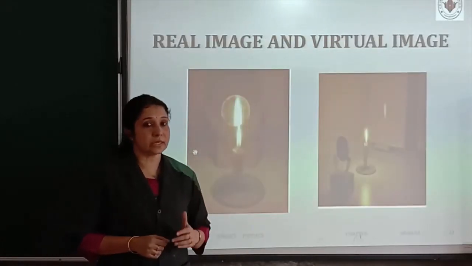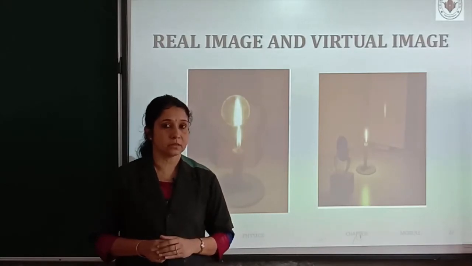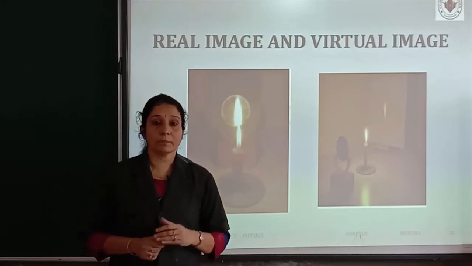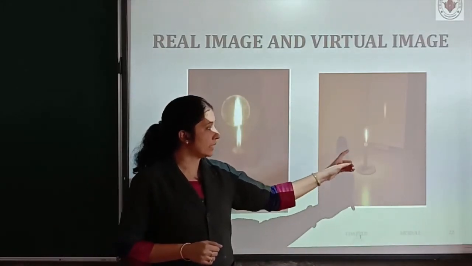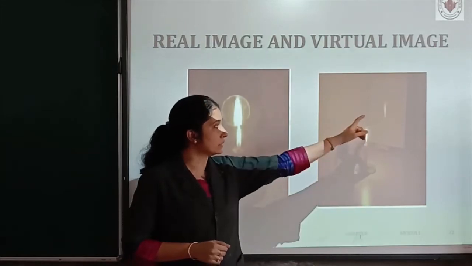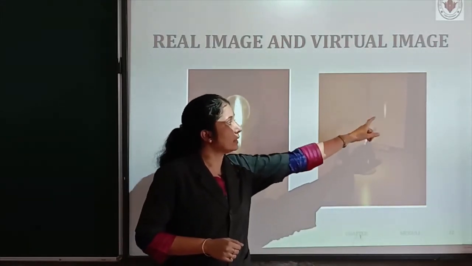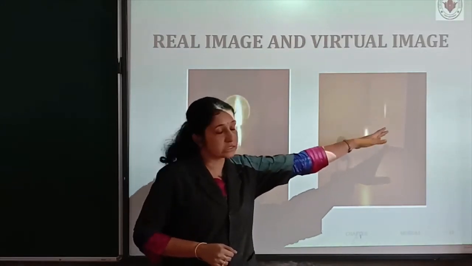Now you need to understand the difference between a real image and a virtual image. What is a real image? A real image is an image which can be obtained on a screen. Here you are seeing image formation by a concave mirror, and you see that the object is the candle flame and the image is what you see on the screen.